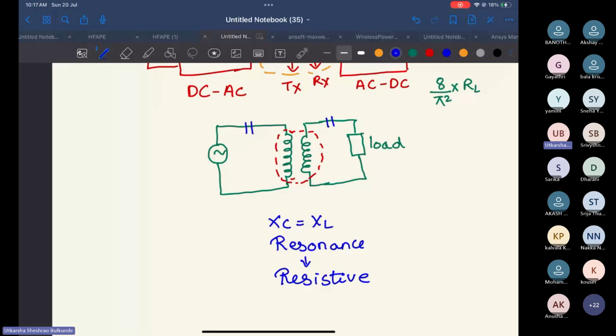So this is the condition for resonance: XC is equal to XL, right? You understand till this?